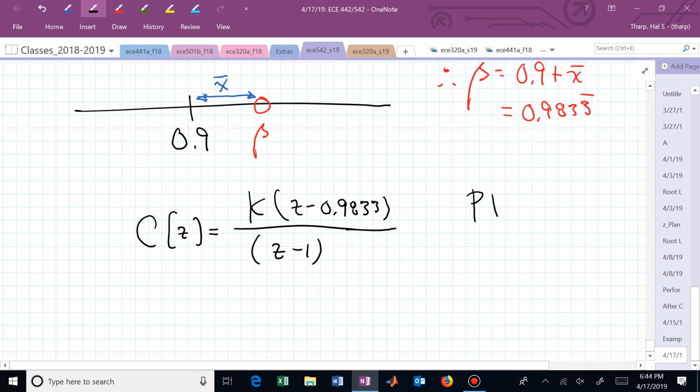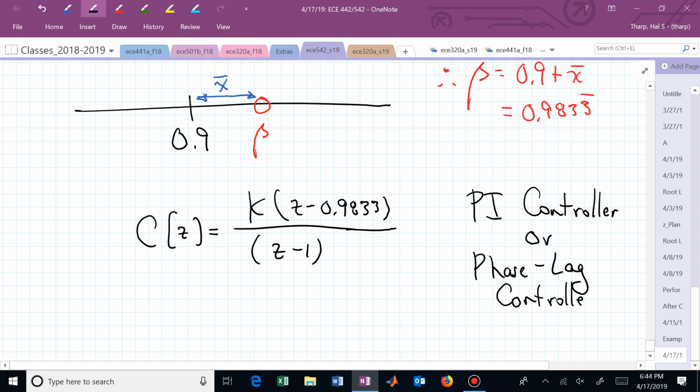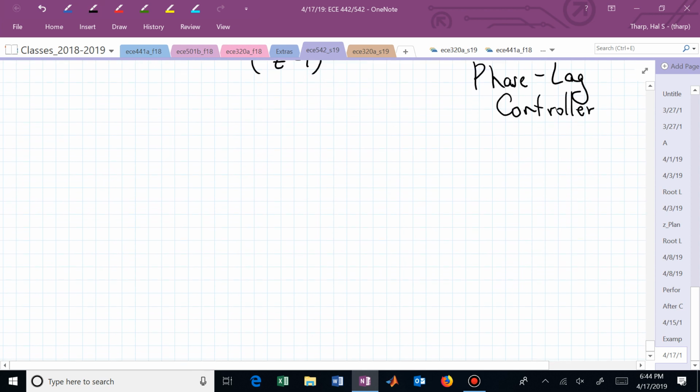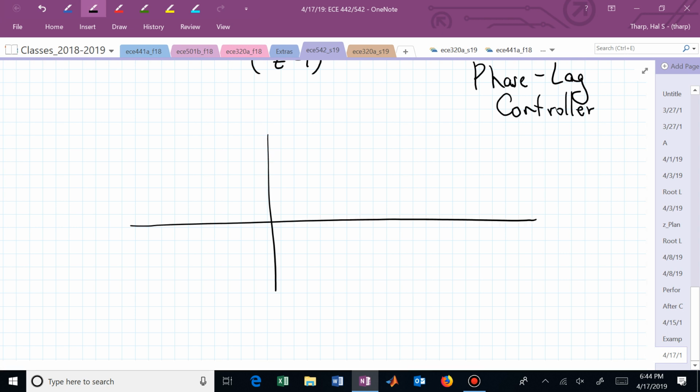So this is our PI controller, or that's a specific kind of a phase lag controller. And our root locus now, you'll have to humor me, that's now at 0.98333, that 0.